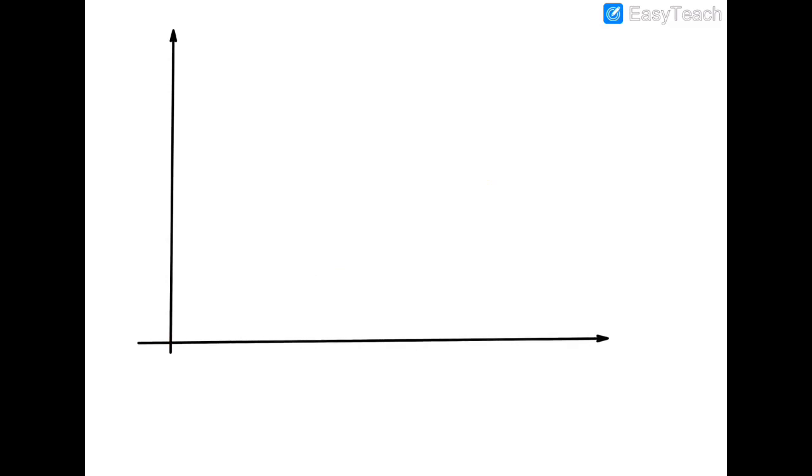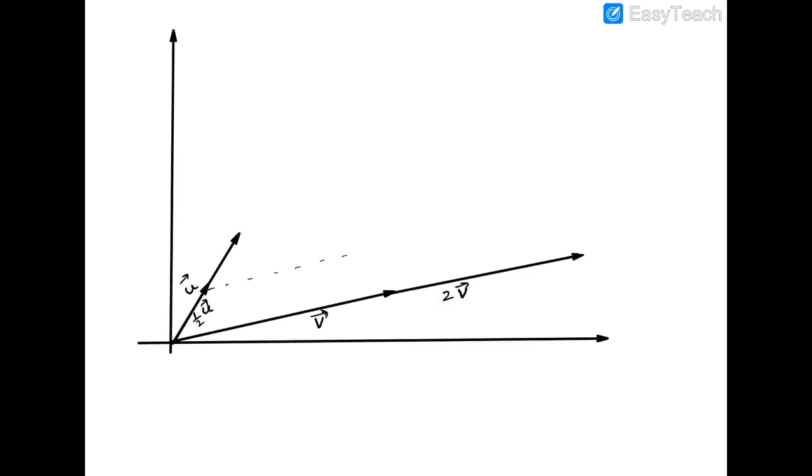Now let's take another scalar multiple of u and v. So if this is u and this is vector v, and this is half of vector u and this is twice of vector v, then draw a line parallel to vector 2v and a line parallel to vector half u.